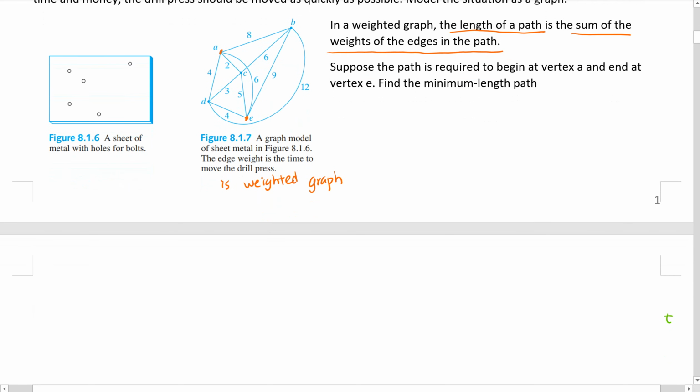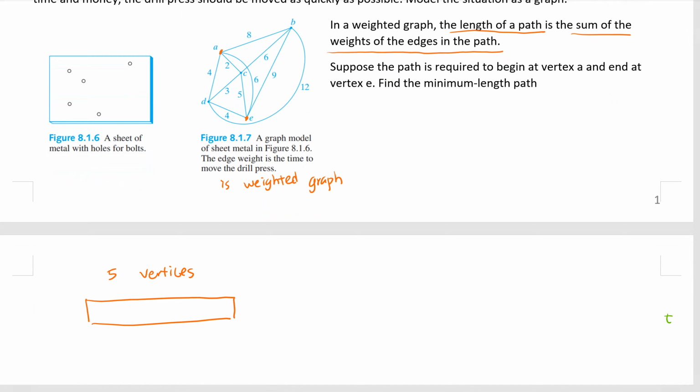Let me draw it here. We have 5 boxes. We want to start with A and end at E. How many different paths are there?